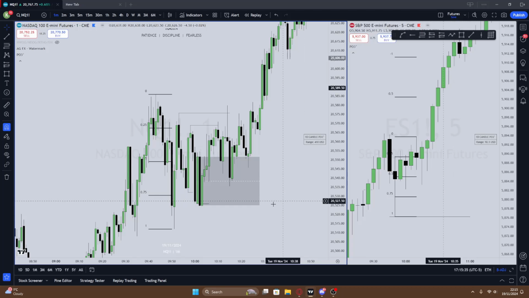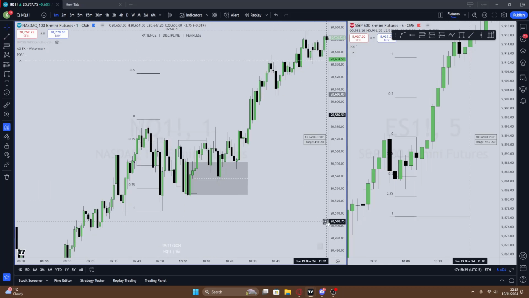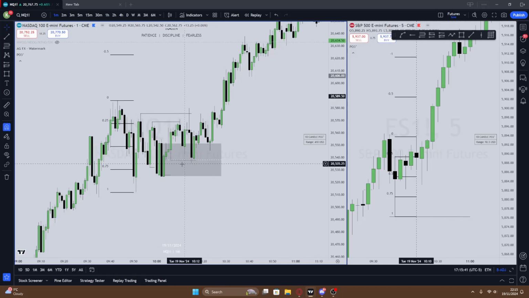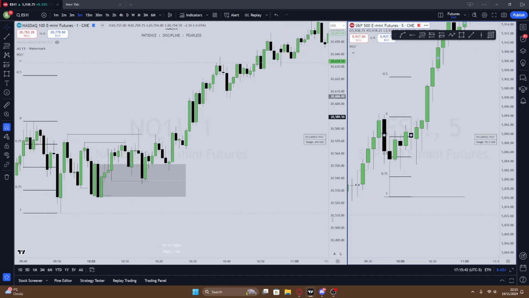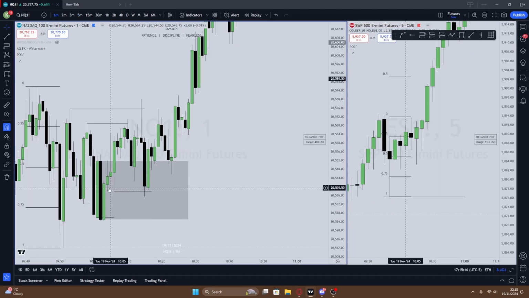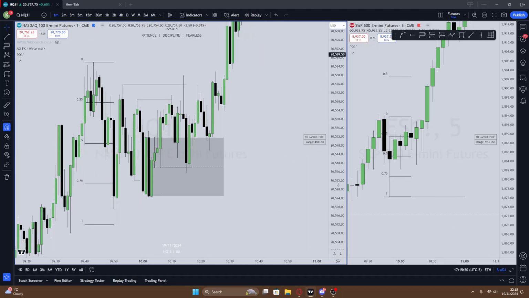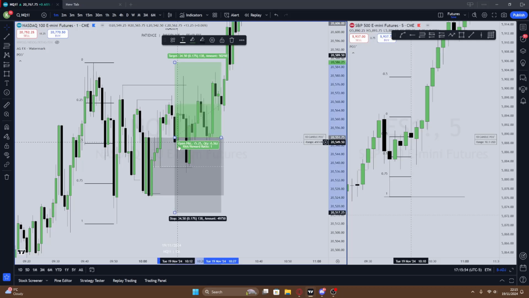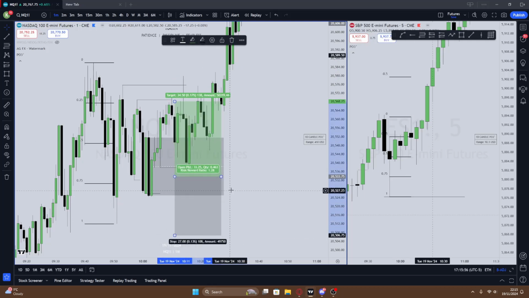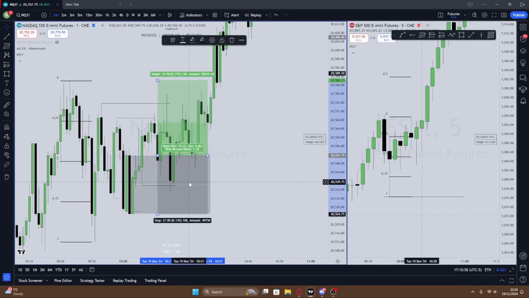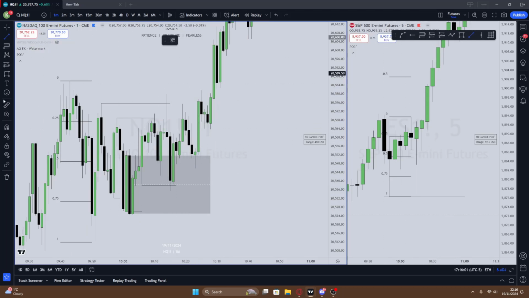So this intermediate term low gets taken out, which is okay. You shouldn't have your stop there if these are high resistance liquidity runs. Your stop should have been most likely right here. And of course I didn't take this because I missed it.